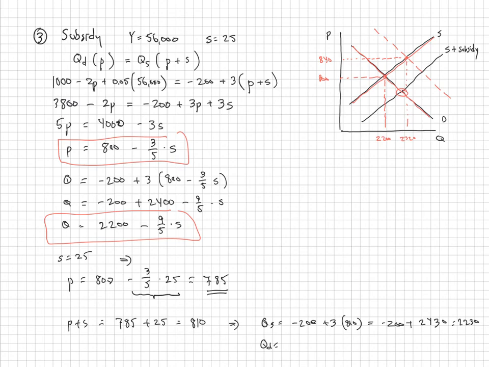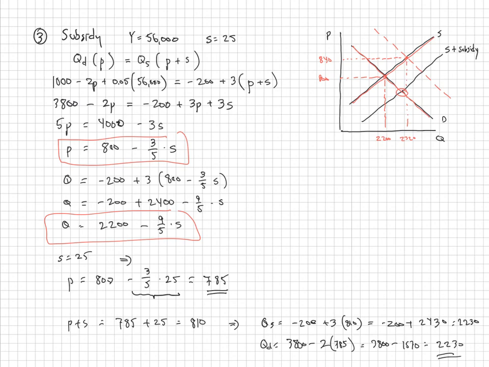So quantity demanded is 3,800 minus 2 times the price facing consumers, 785. So we have 3,800 minus 1,570, and then subtracting that it's going to be 2,230.